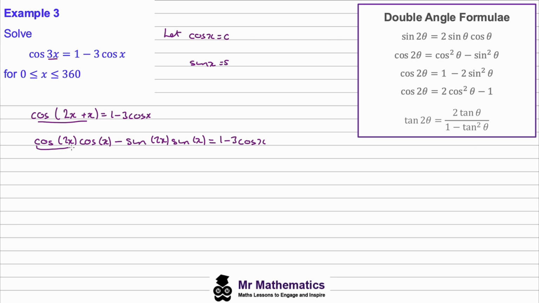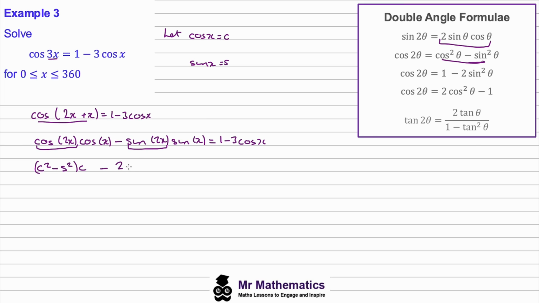So for this one, we'll use this identity. We'll have cos squared minus sine squared multiplied by the cos x, which is c, minus this identity, which is here.